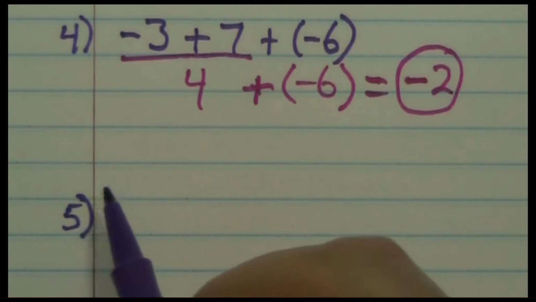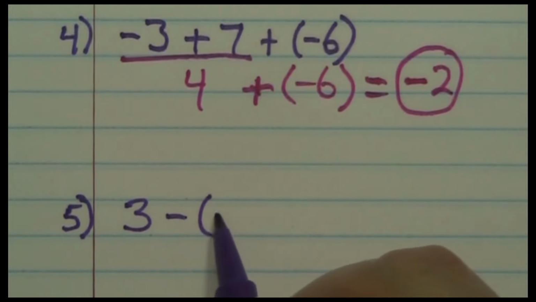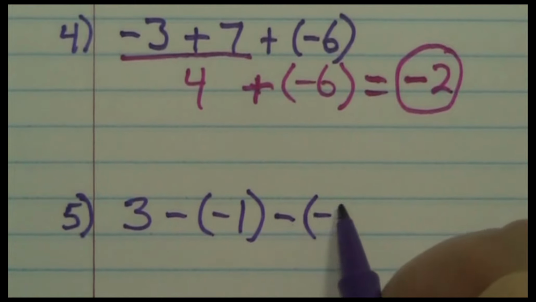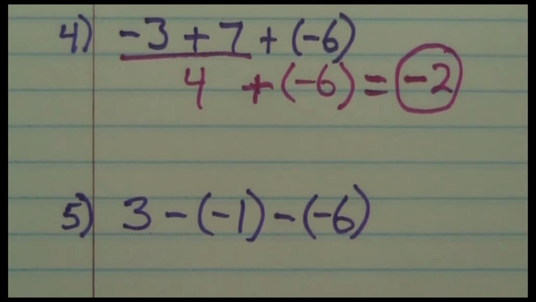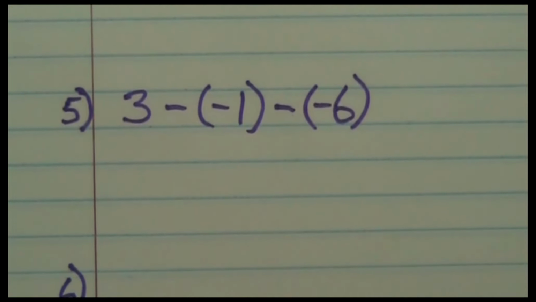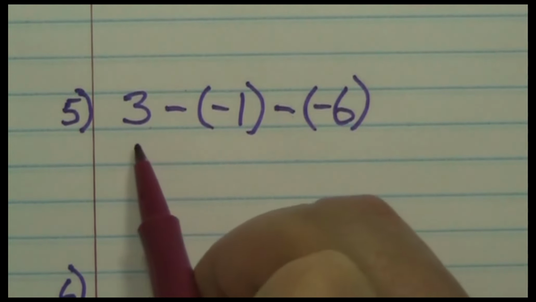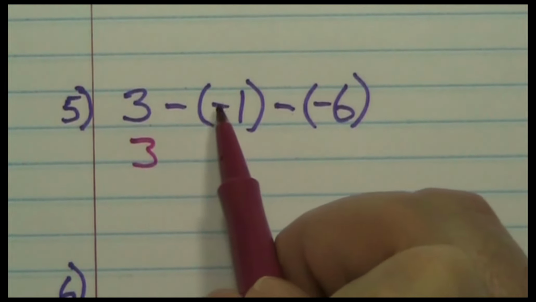Okay, our 5th problem. 3 minus -1 minus -6. Now we'll want to rewrite this. So I have 3. Now remember that this works out to the opposite of cold is hot.